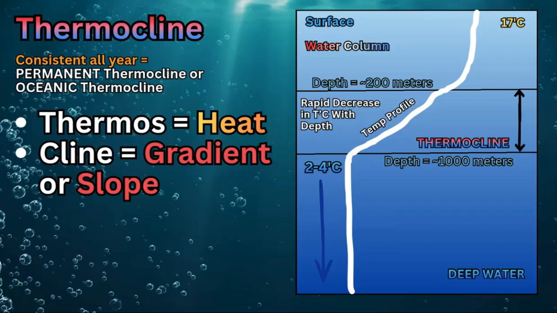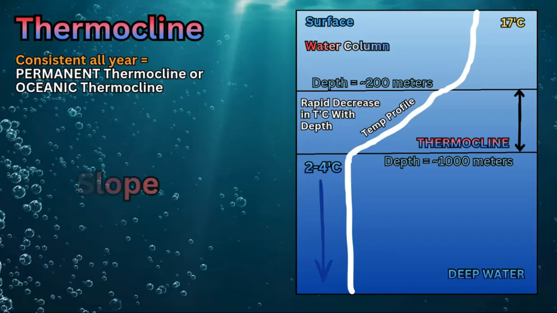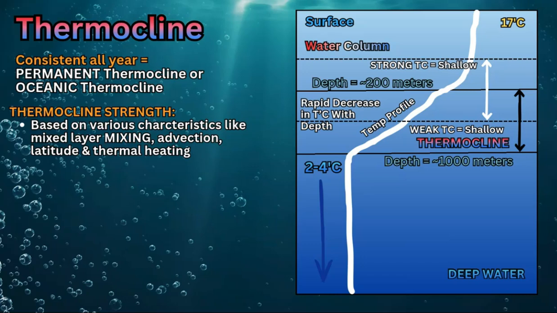Now, on average, the thermocline, or the point under the ocean where the temperature changes rapidly with depth, usually begins at a depth of around 200 meters. However, it can become shallower or deeper based on different characteristics. One of those characteristics is the strength of the thermocline, which means the rate at which temperature decreases.